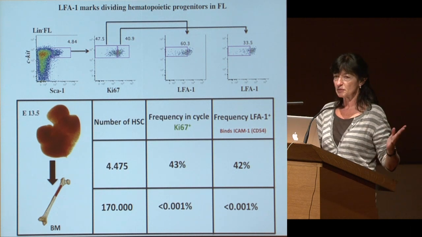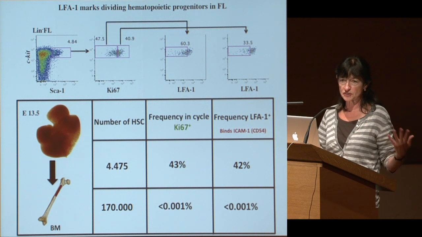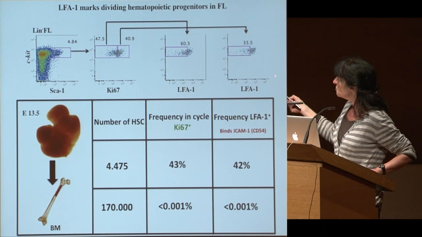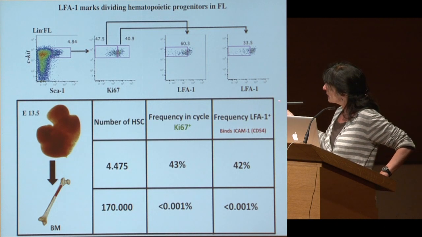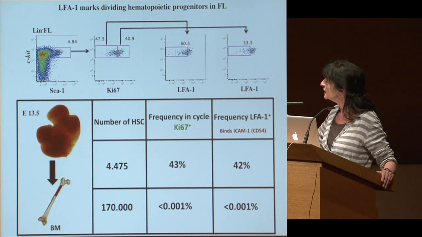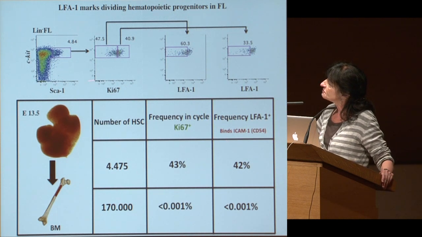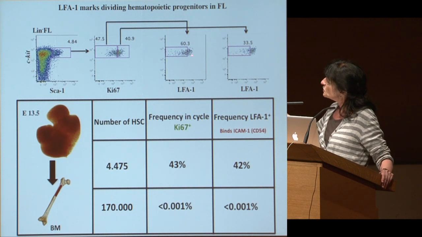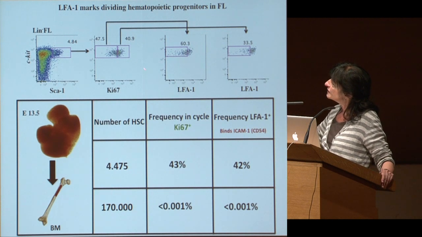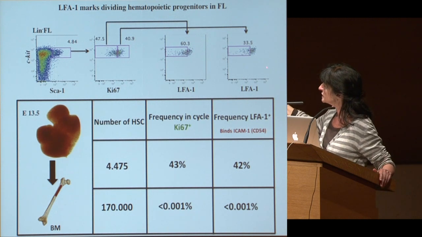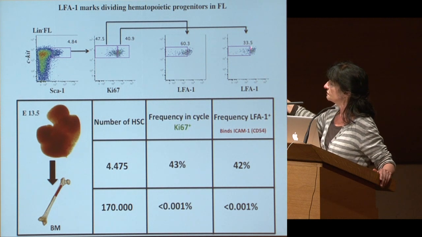and ask very simple questions. What do they express, in addition to the conventional markers already known? And we stumbled upon LFA1. LFA1 is an adhesion molecule that binds ICAM1 or CD54. When we look at dividing hematopoietic stem cells, here marked by Ki67, we notice that the cells that express high levels of Ki67, meaning the ones that were more actively dividing, are also the ones that express higher levels of LFA1.